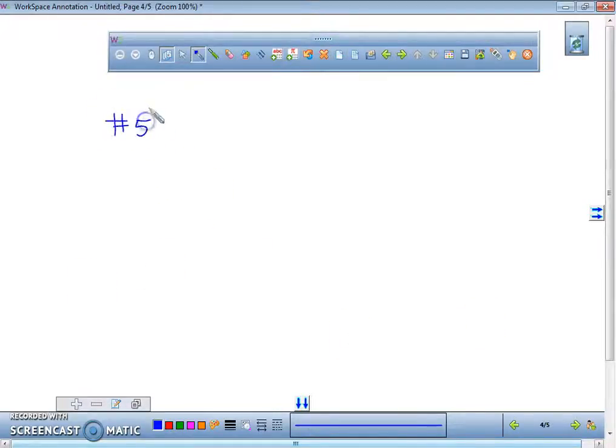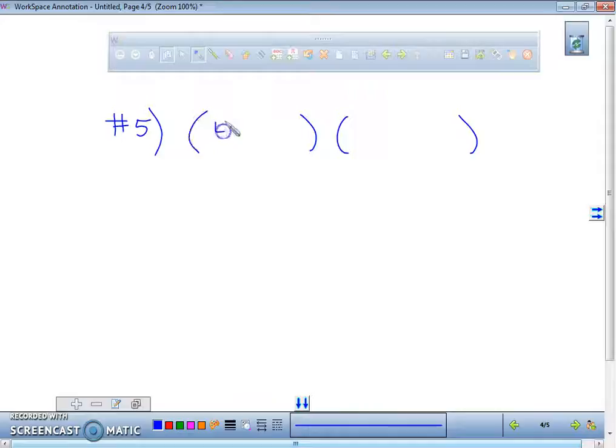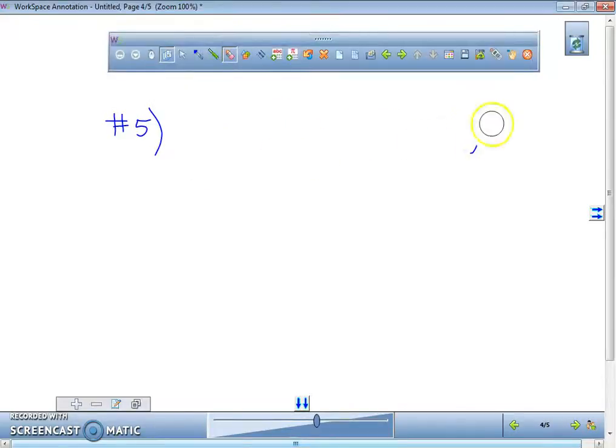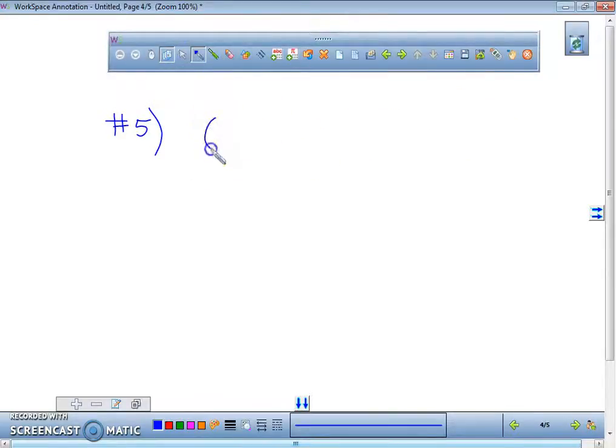So with number 5, Emily, what's my ordered pairs for number 5? 4 and 5. 2 and 7. Now, oh actually, hold on. Look at 2-3. That's another one. Okay. Number 5. Negative 3, negative 1.